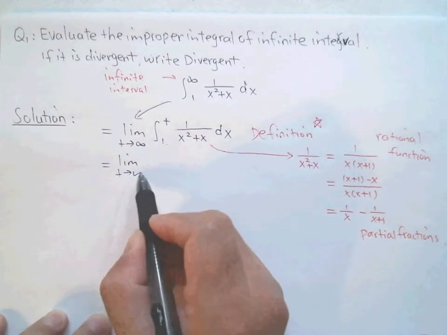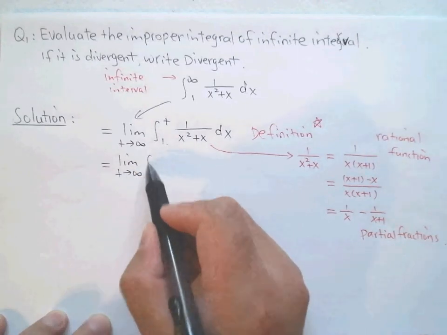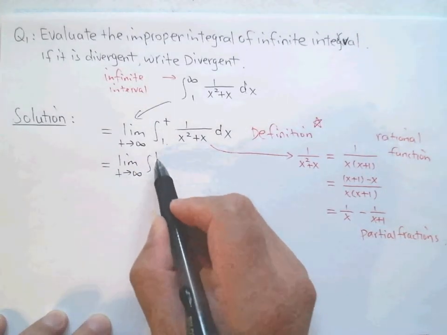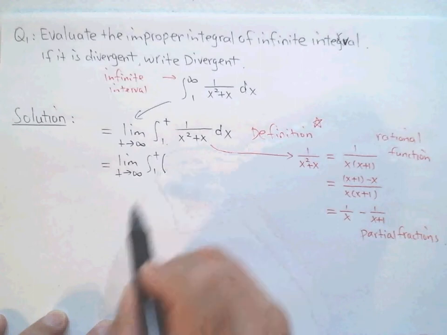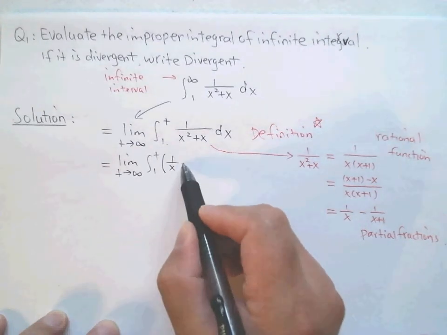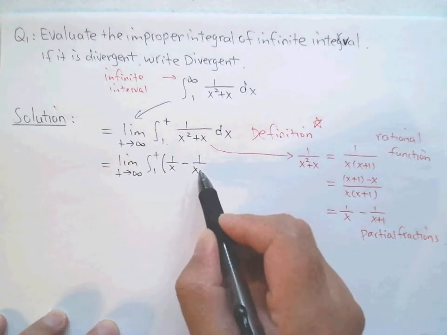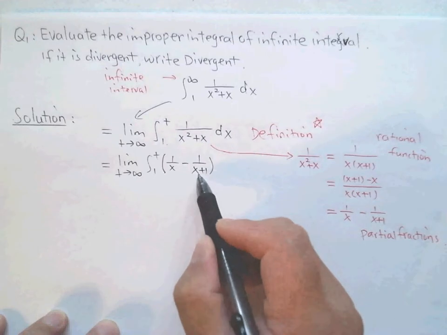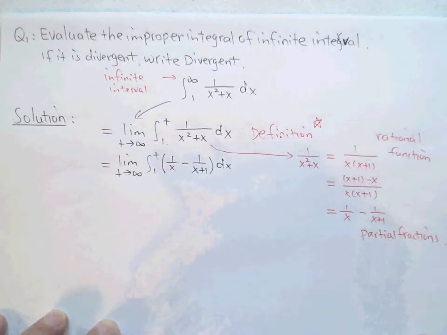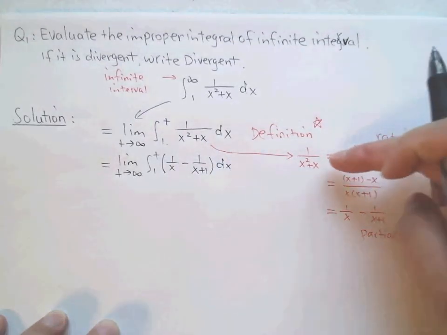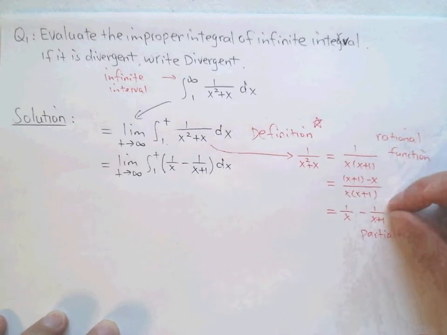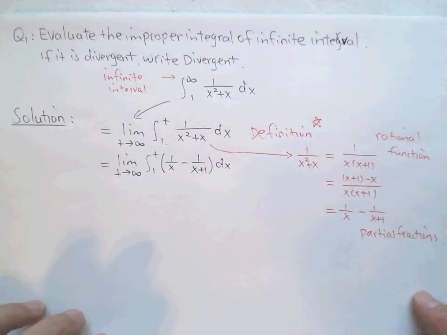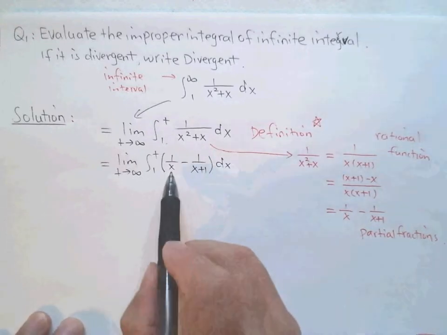The limit as t approaches infinity of the integral from 1 to t. I'll copy this first: 1 over x minus 1 over x plus 1 dx. Someone can also use the partial fraction method, setting up A and B to solve for the coefficients.